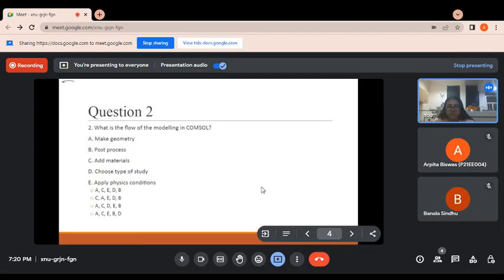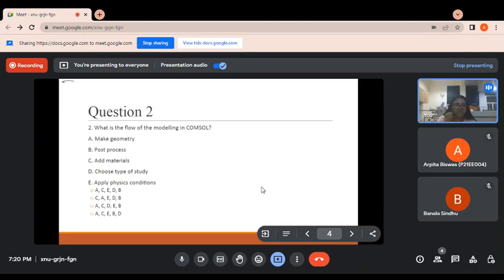And the last option is A, C, E, B, D. A is first make the geometry, then C add material, then E apply physics condition, then B post process, then D choose the type of study.